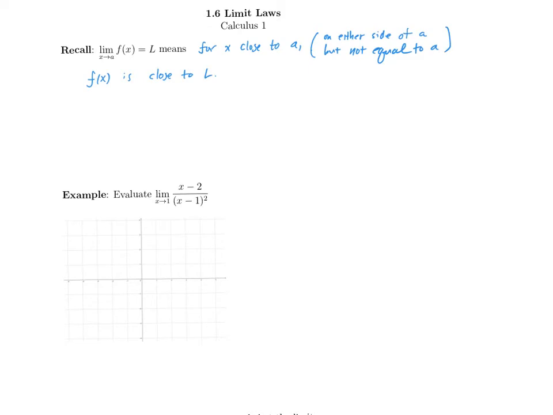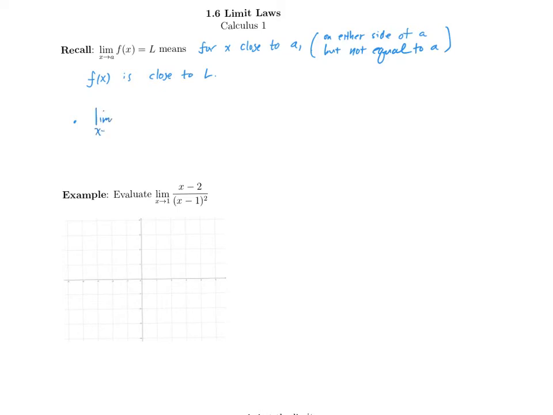And then we also saw that this idea of what happens on either side led us into one-sided limits, which gives us a very useful way of sometimes showing a limit may not exist. So let me remind you of that property.